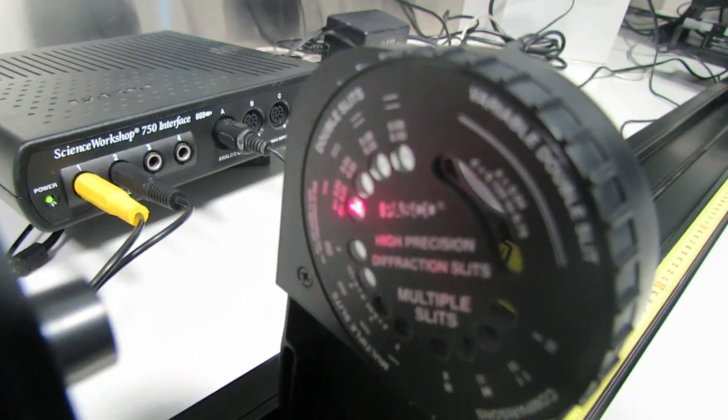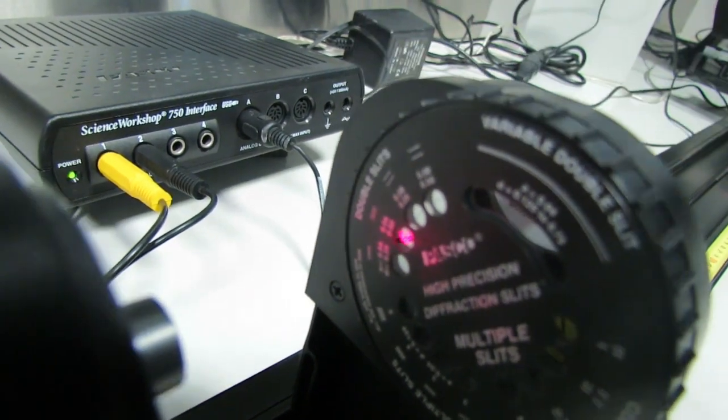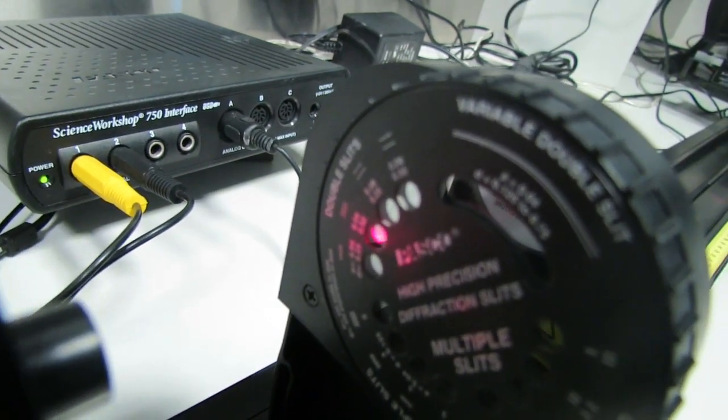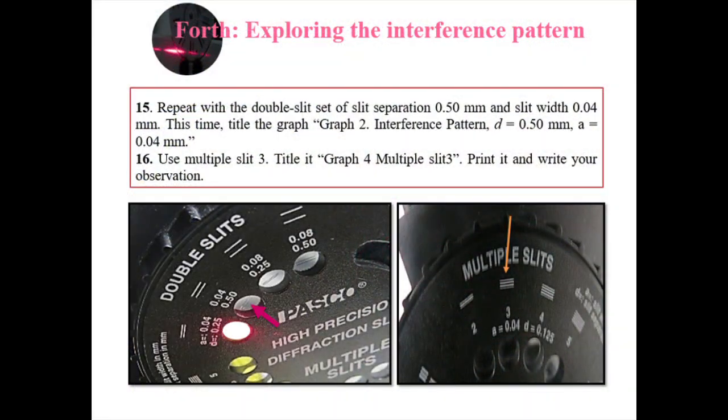Repeat with a double slit set of slit separation 0.5 mm and slit width 0.04 mm. What do you think the interference pattern will look like when using multiple slit 3?